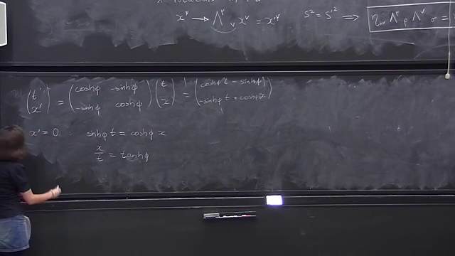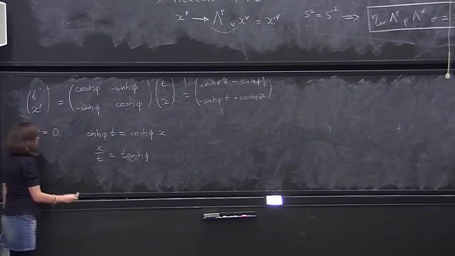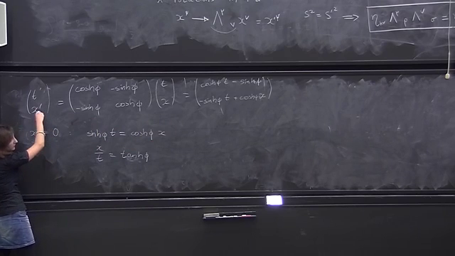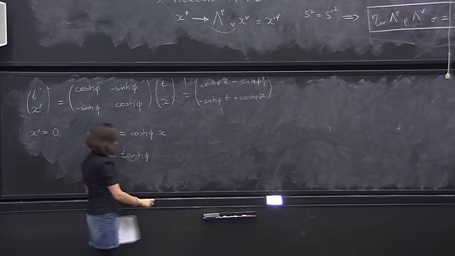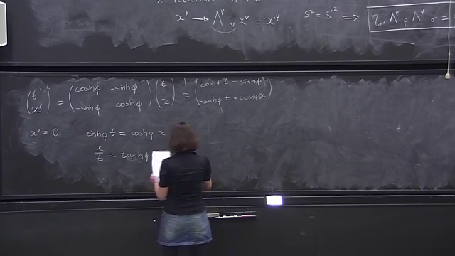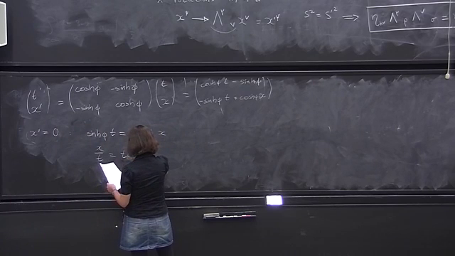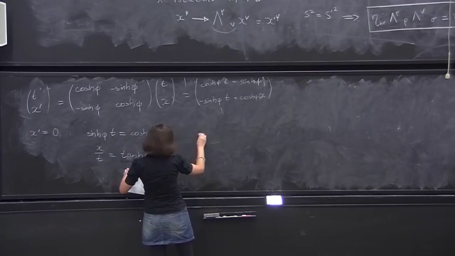This means that in my original coordinates, the origin of this new coordinate system is moving with a velocity equal to the hyperbolic tangent of phi.